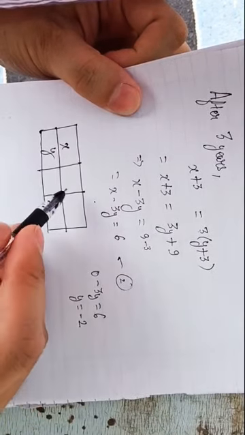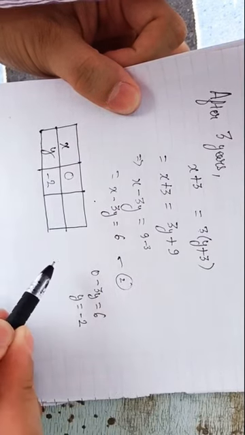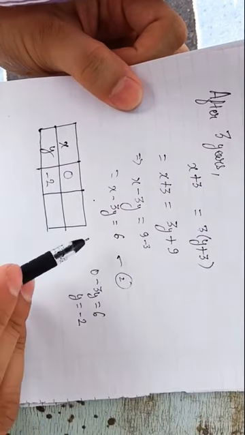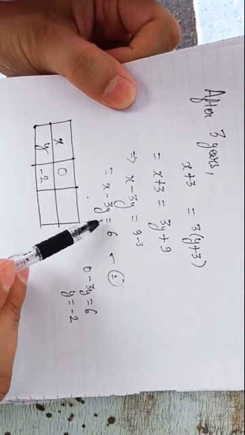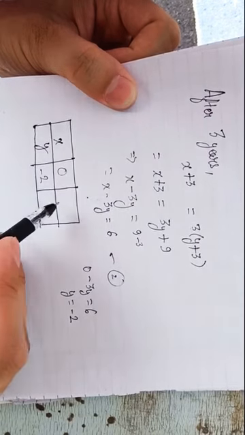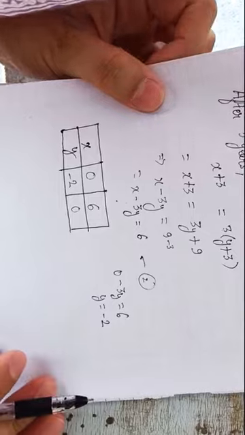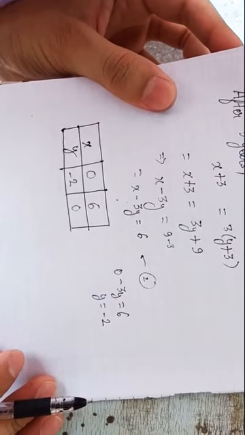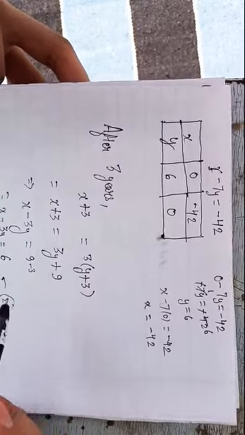So if I substitute x equal to 0, y is minus 2. Similarly, if I substitute y equal to 0 in this equation, then x equal to 6. So x is 6 when y is 0. So these are the 2 points we obtained. These two tables will help to form the graph.